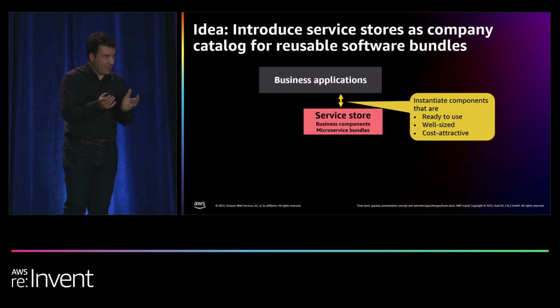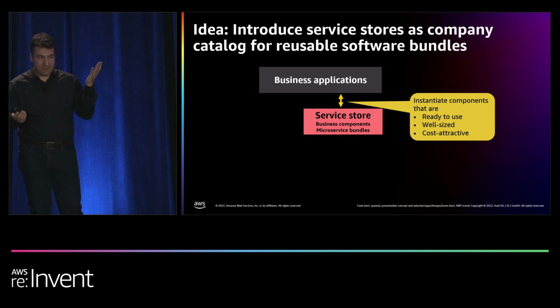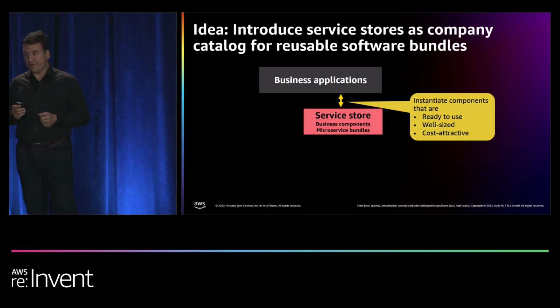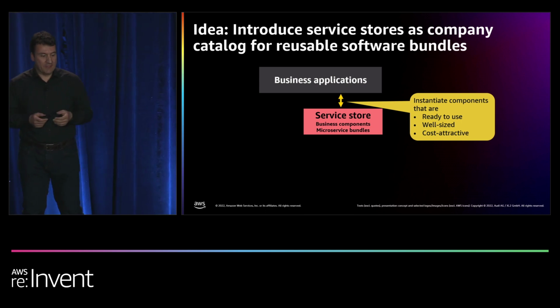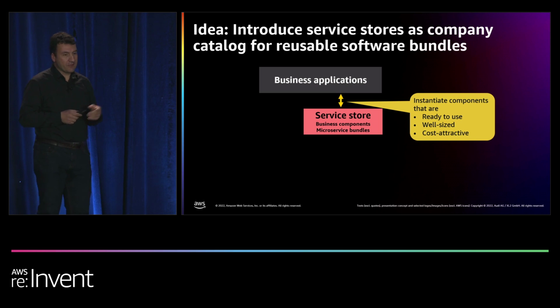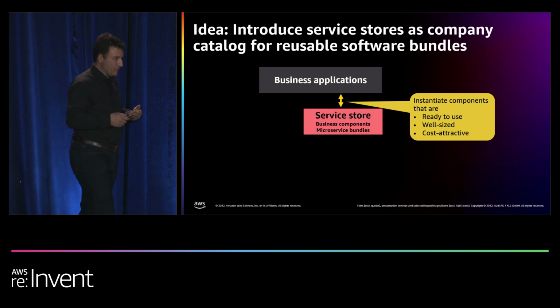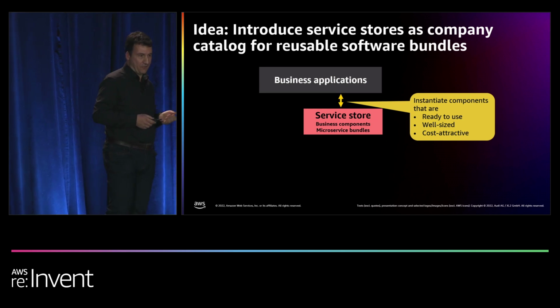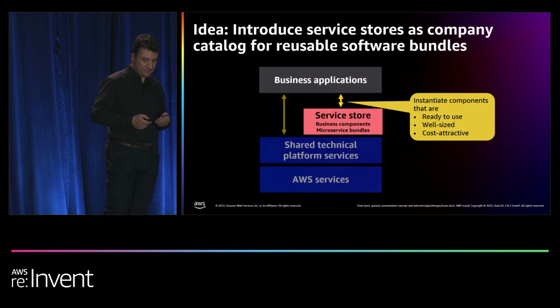So it should have a good size of some microservices, maybe 5 to 8. This is a good size. And it needs to be cost attractive. Why? Of course, nobody will use a solution if he does not know what costs are incurred by this. What does it mean to run those services?